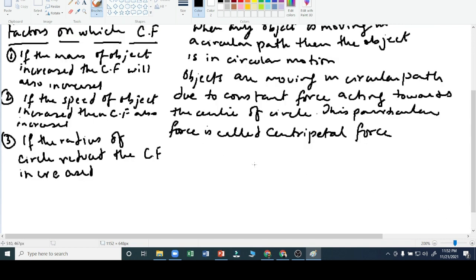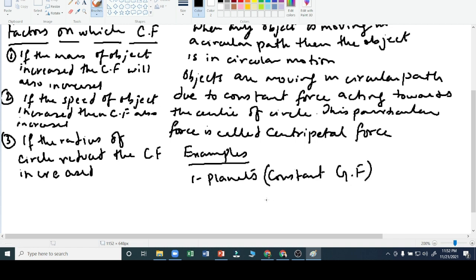Now we will consider some examples of circular motion. We all know that planets are orbiting around the sun. The planets are orbiting around the sun due to constant gravitational force.